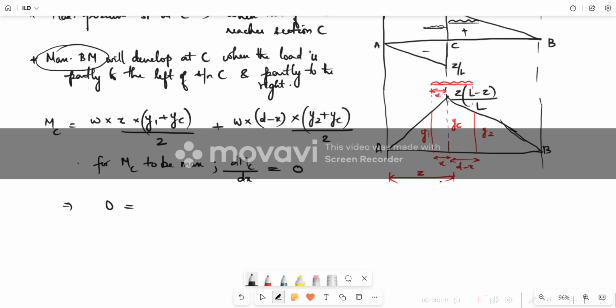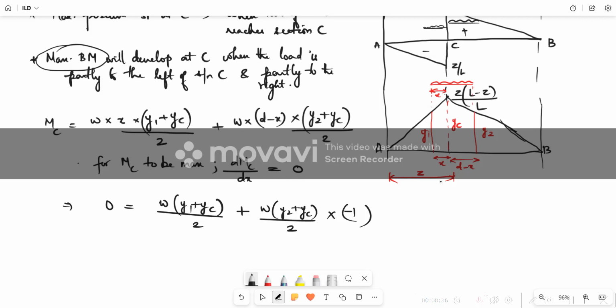0 should be equal to w into dx by dx is 1, so w into (y1 plus yc) whole divided by 2 plus w into (y2 plus yc), because these are all constant, by 2 into (d minus x), you have minus 1. d is constant, so minus 1 is what you will get.